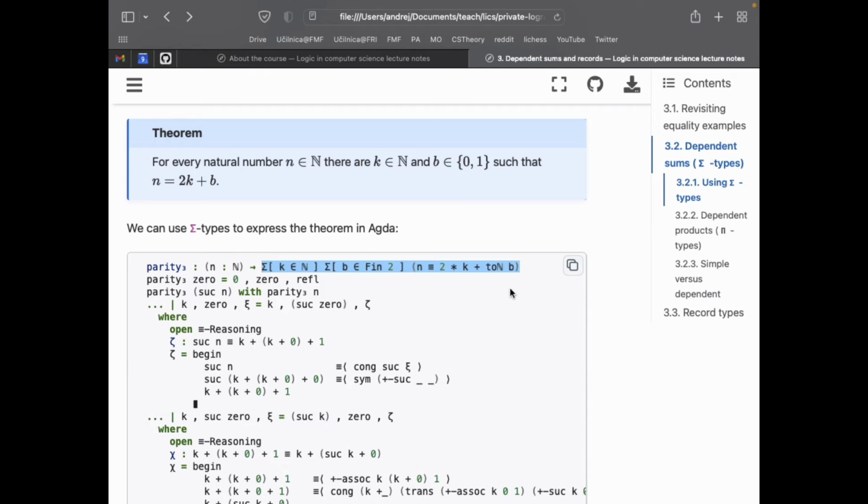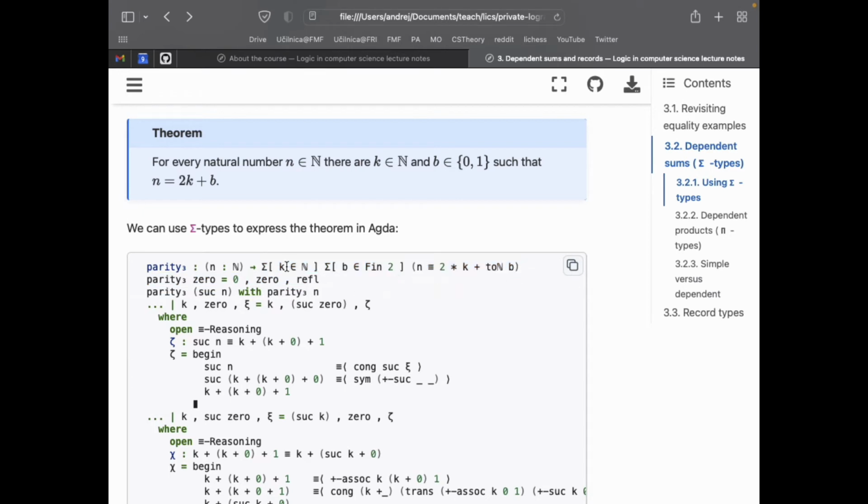But because of the way it associates, you can write it like this without parentheses. It's possible to write ordered pairs in Agda using just a comma. You don't have to have the parentheses because the operator is underscore, comma, underscore, so it's an infix operator. That's one idea of what you can do with sigmas.